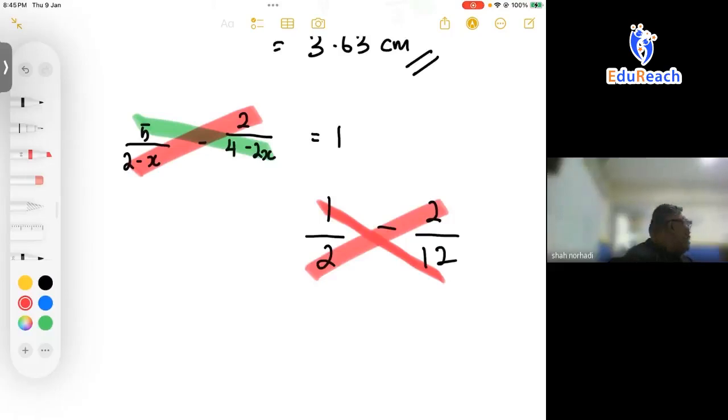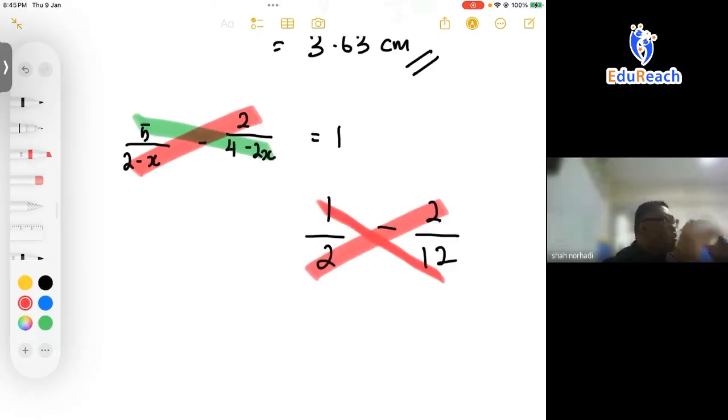The understanding is the same, no? Because you choose to cross multiply. Why suddenly here you want to make the denominator the same? So you see, sometimes when the question is a bit complex, you think it's easier to just do that. So this is the wrong application of technique.